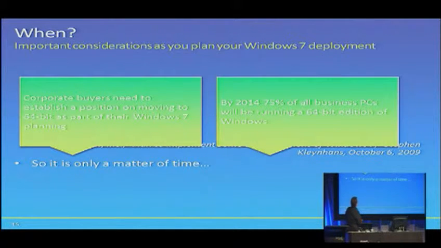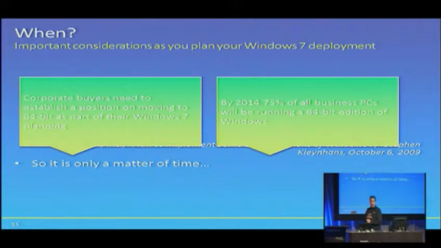So let's look at, wow, that slide turned out interesting, but let's look at the view of Gartner. The text that you can't read underneath that is that these 2 bullet points are from a Gartner white paper that was released in October 2009 by one of their analysts.